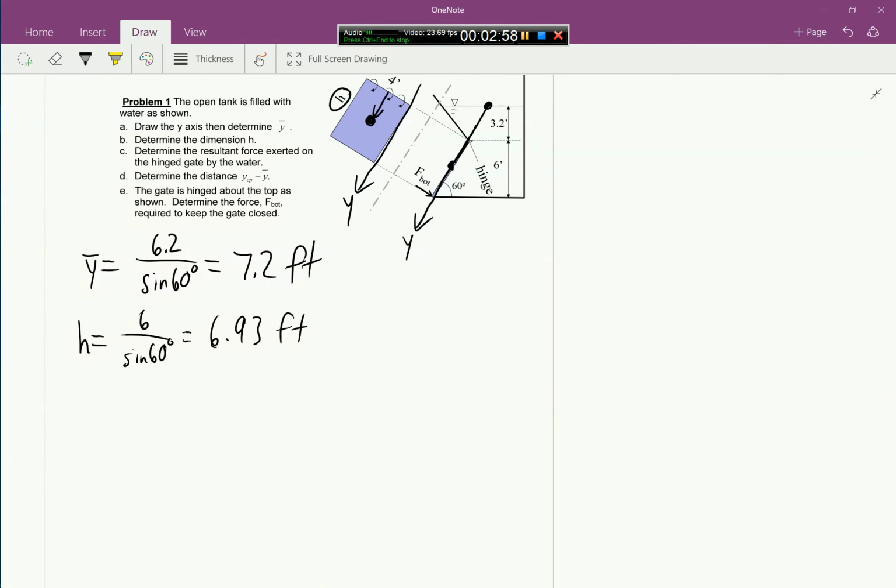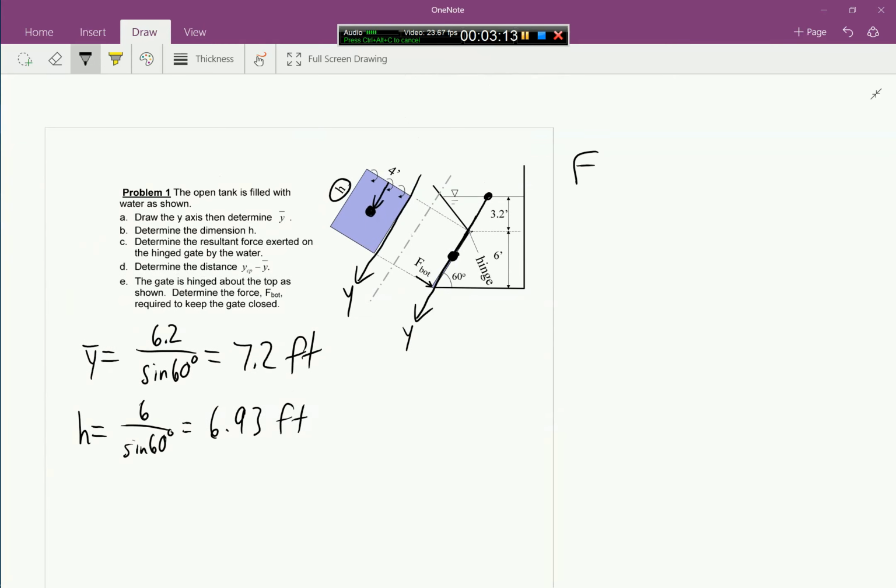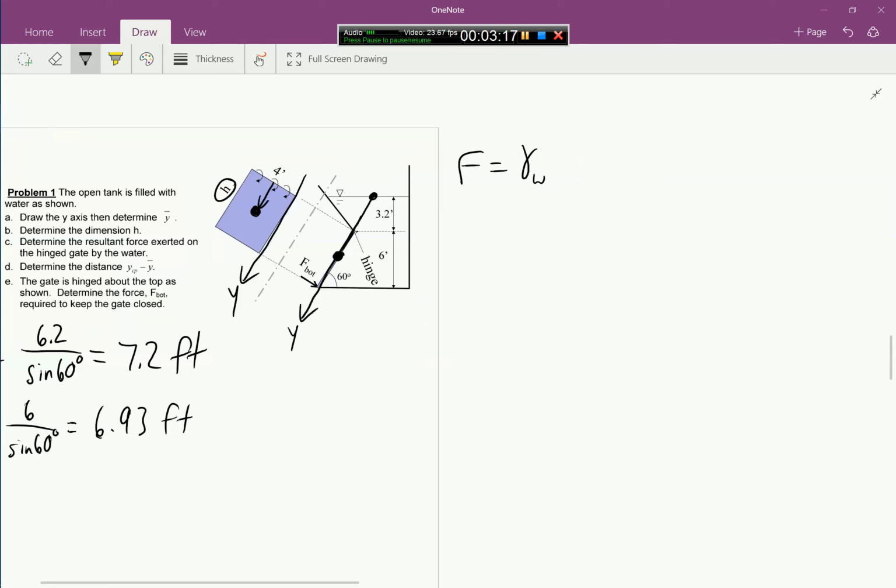Part C asks us to find the force on this gate that all this water is causing it. And to do that, we have the force on an inclined plane equation. This is given on your equation sheets, and that equation is as follows.